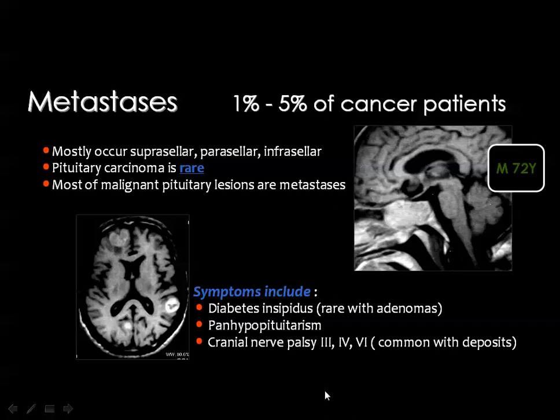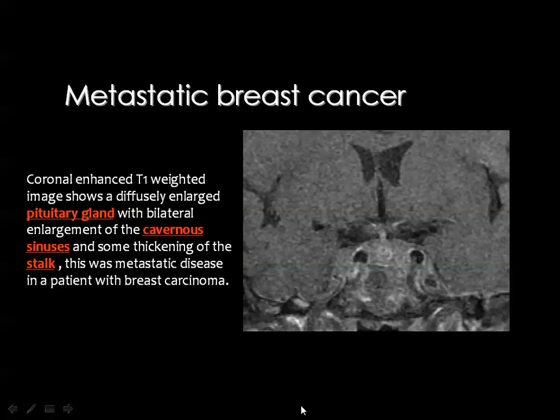Metastasis to the pituitary gland may present with diabetes insipidus, which is considered rare with adenomas, and may present with panhypopituitarism or multiple cranial nerve palsies. Then in order to diagnose metastasis to the region of the pituitary gland, a known primary malignancy should be identified in the history.